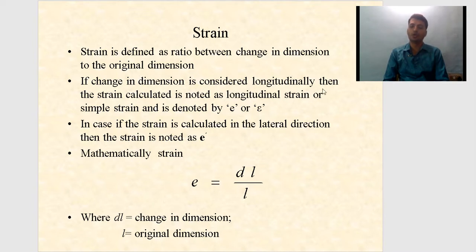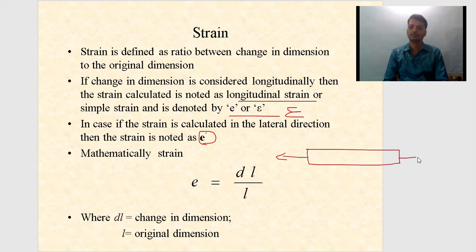If the change in the dimensions is longitudinal, as I said, it is called longitudinal strain or simply strain. In case the strain is calculated in the lateral direction, it is called lateral strain.